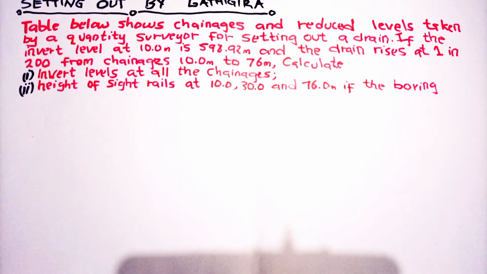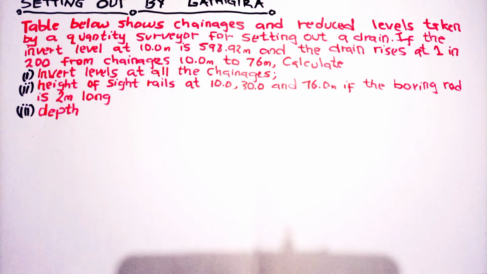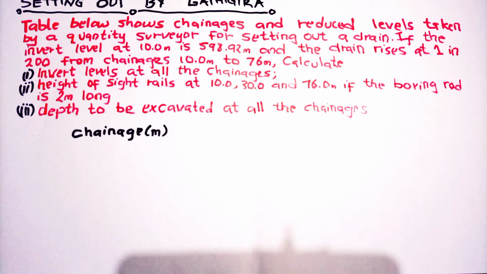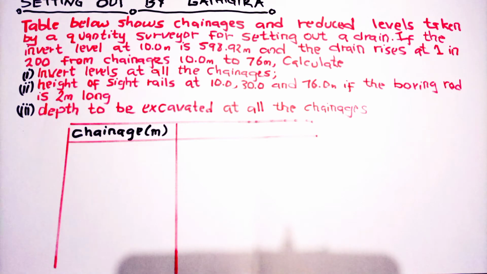The boning rod is the tool used, like a gauging rod. Then our third: the depth to be excavated at all the chainages. So we are going to know the depth of where our excavation will take place.